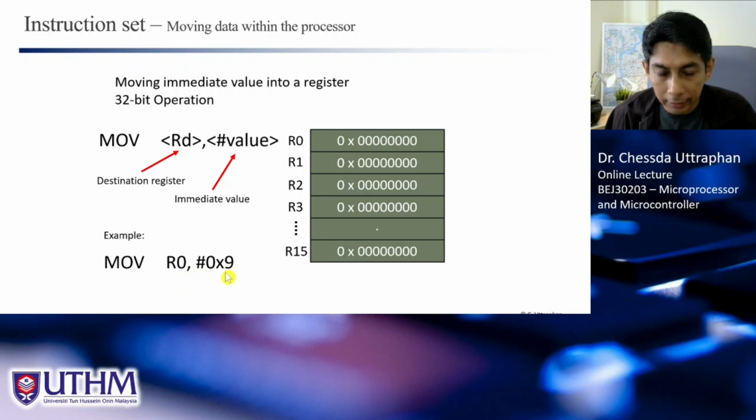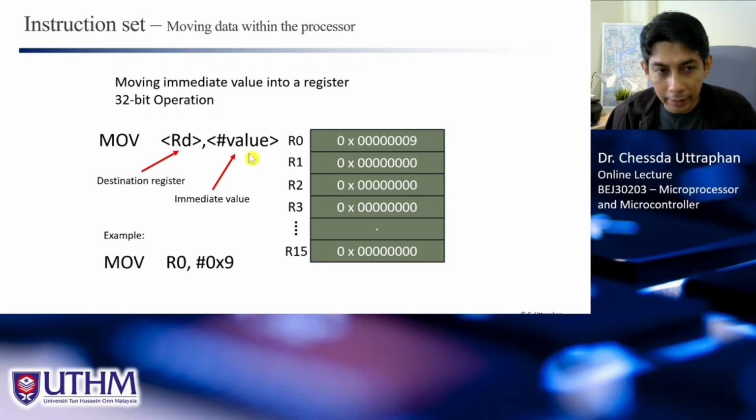So this is the instruction, and when we execute this, we will have 9 in R0, right? And the size of this immediate value is 8-bit, right? And for new microprocessors nowadays, we can have up to 16-bit, right? But no more than that.